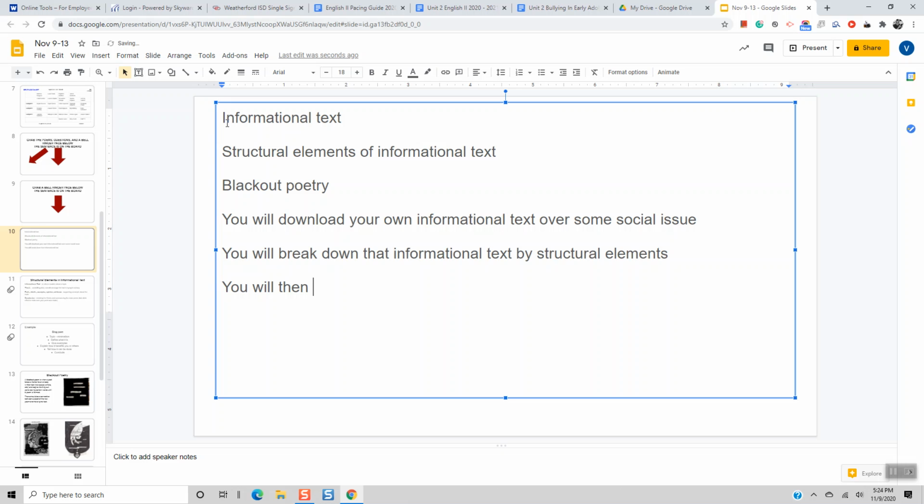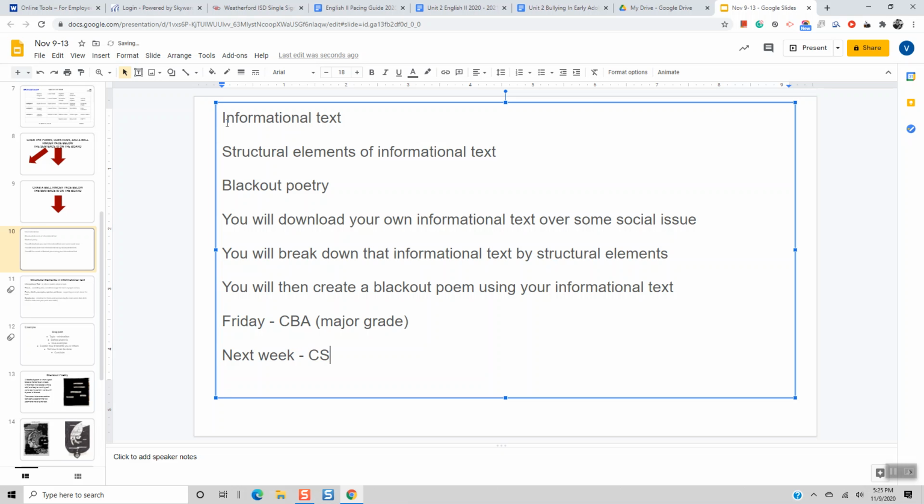You will then create a blackout poem using your informational text. Friday, it will be a CBA, and this will be a major grade. Next week, CSWA2, major grade.